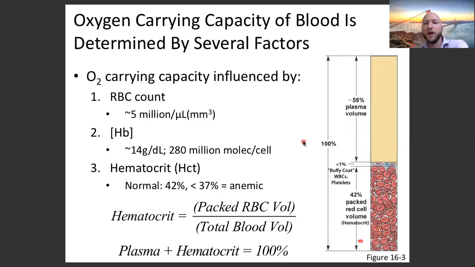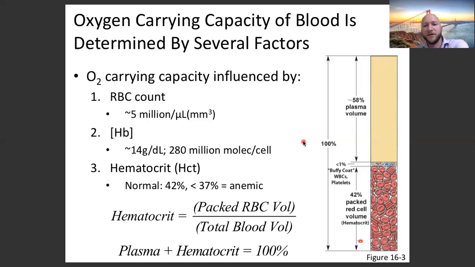Earlier on in the blood lecture, I talked about how the formed elements, how red blood cells, make up a certain percentage of whole blood, and I said it varies. We said 40%, we said 42%, we said 38%.